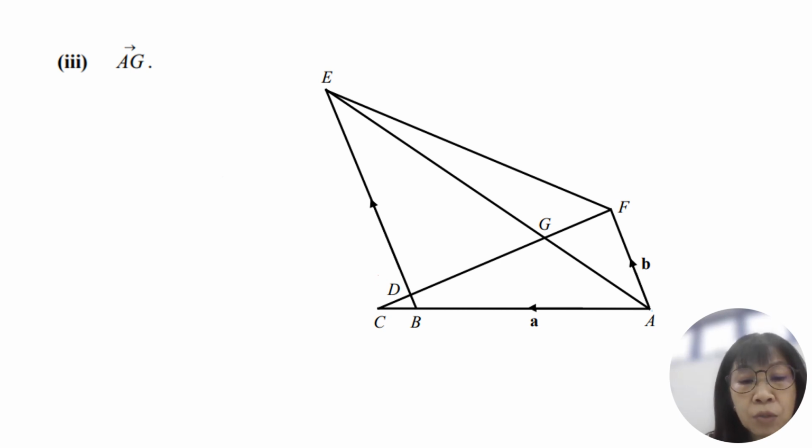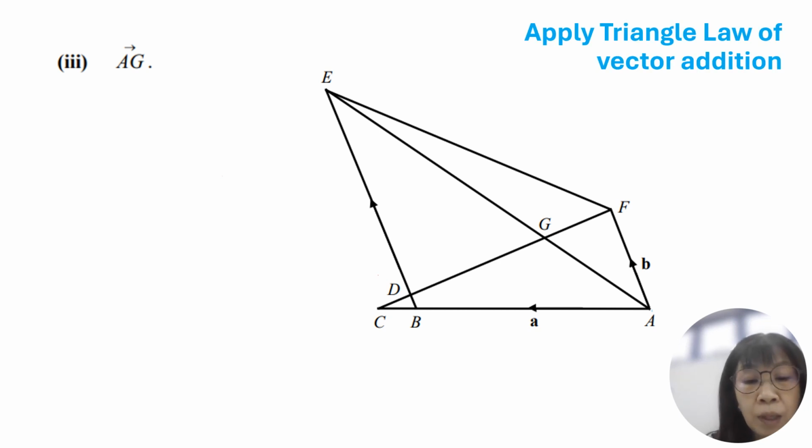Part 3 here requires us to find AG. So again, we apply the triangle law of vector addition. Let me highlight AG. AG is here. You notice that in this case there are two different possibilities, because we are going to form triangles.